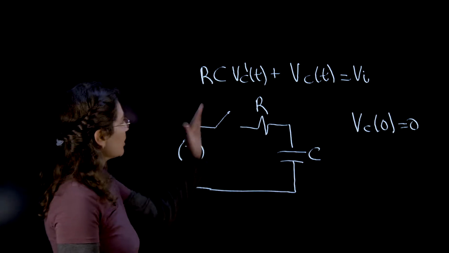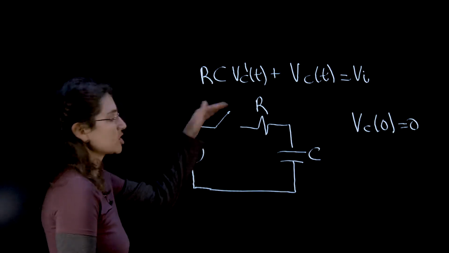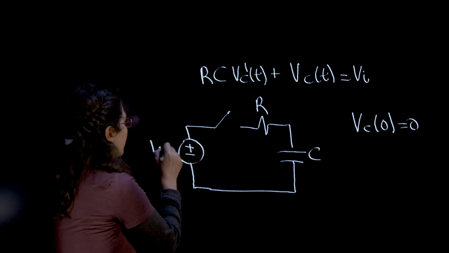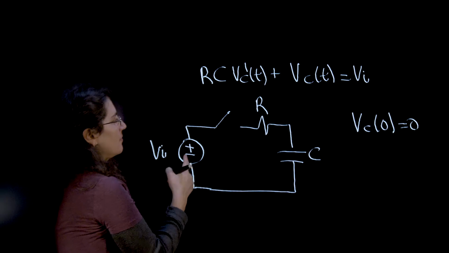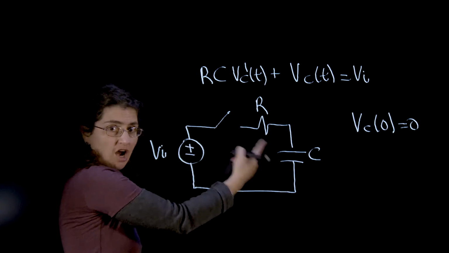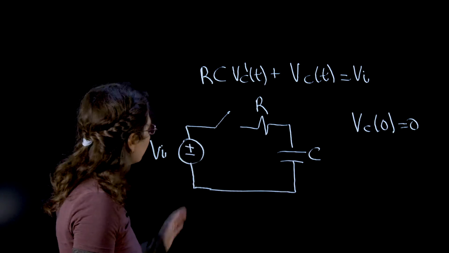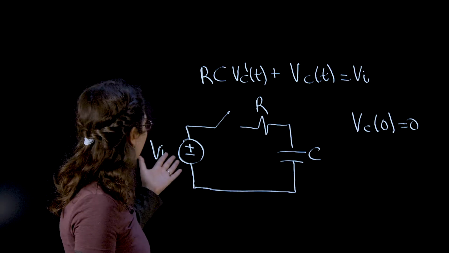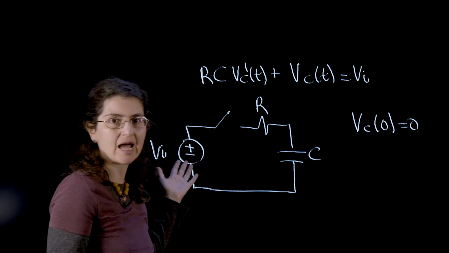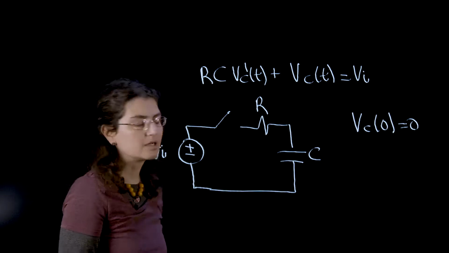And then we're going to close our switch so that voltage and current will suddenly start flowing through it, and our input voltage will simply be the amplitude of the pulse that we have here.